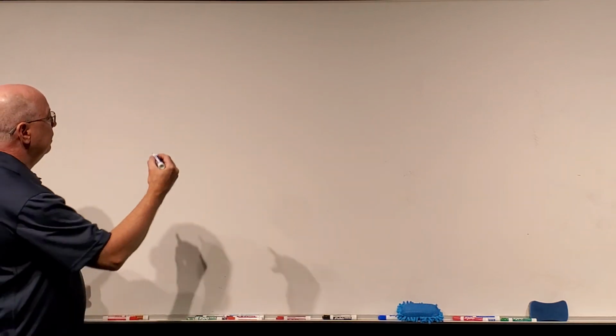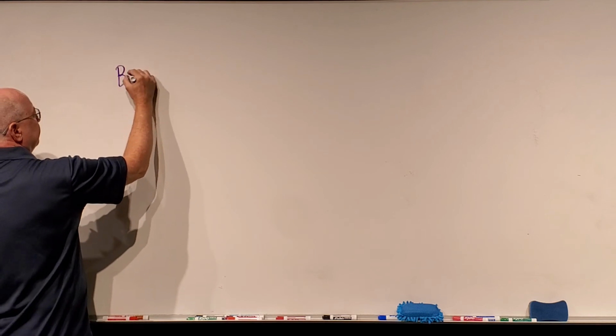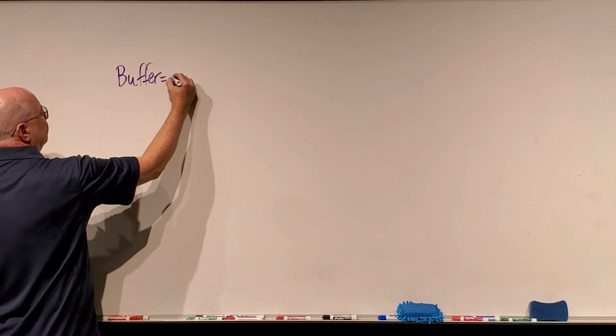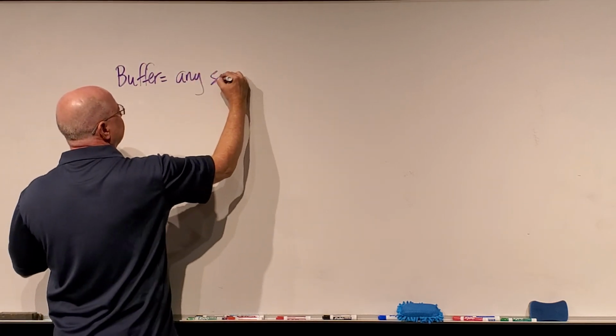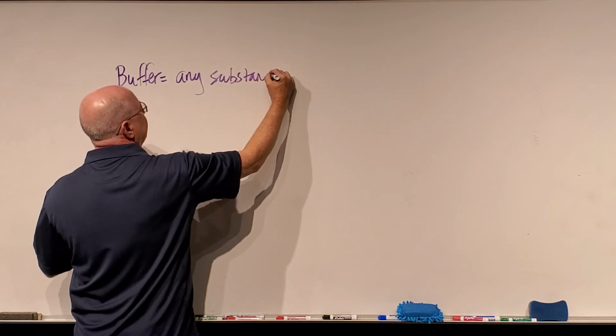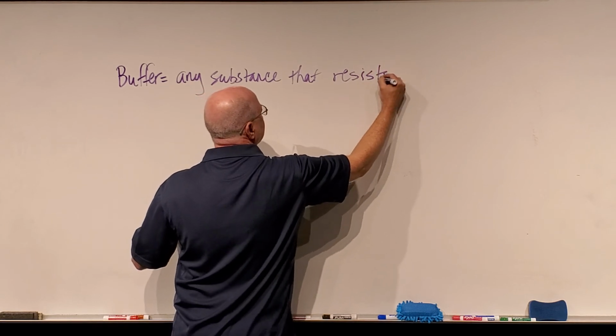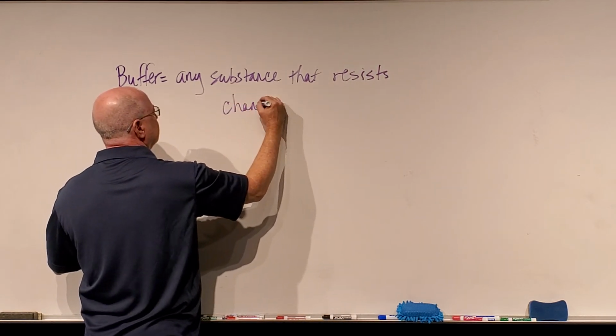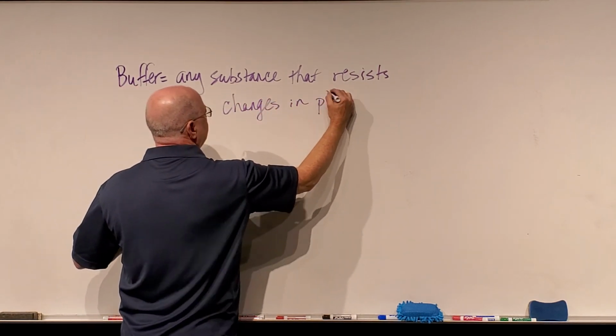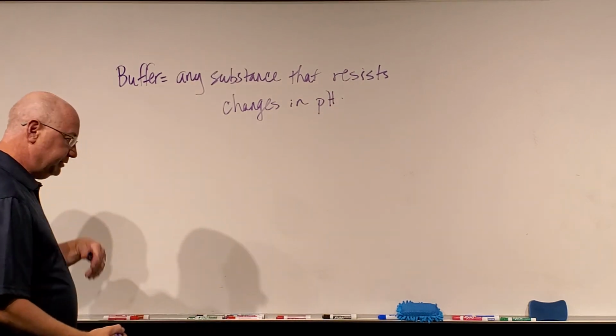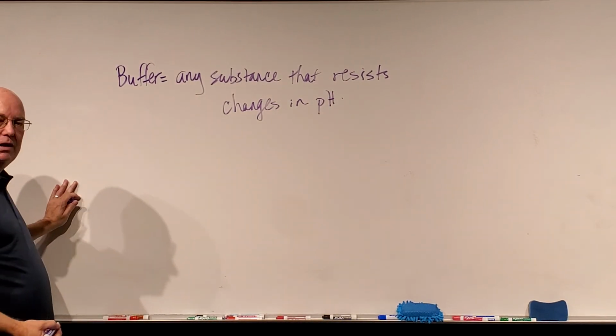Okay? The definition of a buffer. A buffer is any substance that resists changes in pH. It's any substance that doesn't want to change its pH, no matter what I do to it.